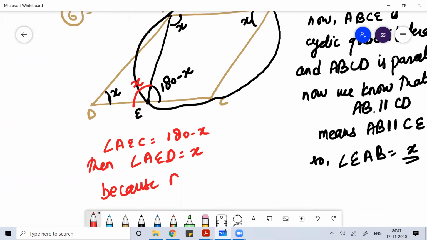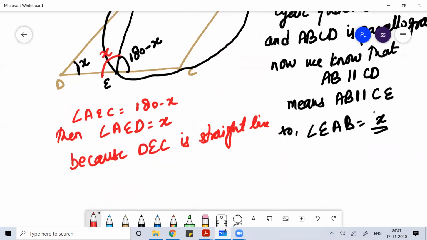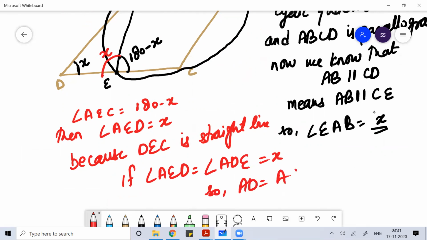So if angle AED is equal to angle ADE, they are equal to angle x. So AD will be equal to AE.